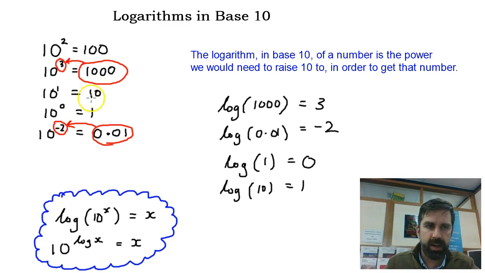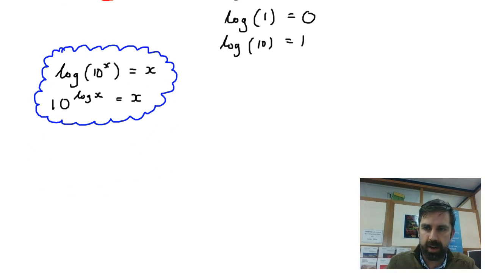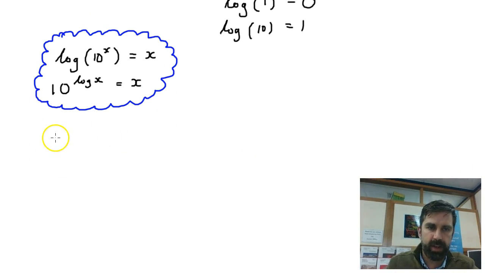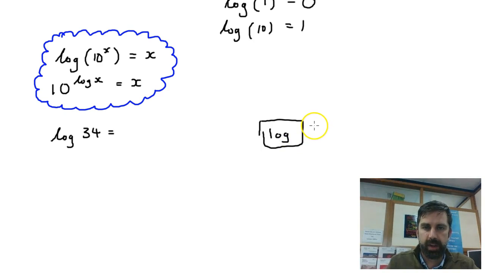So what we've just looked at are some really simple examples that all involve powers of 10. The really cool thing about logs is that it actually works for any number. So we can do, for example, the log of 34. Now, I can't do that in my head, but if you get onto your calculator and use the button that says log on it, so if you type log 34 equals, it should hopefully tell you the answer is about 1.53.